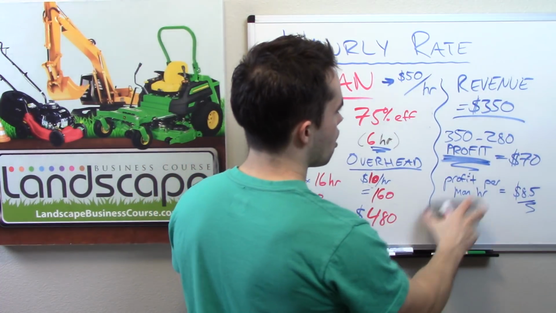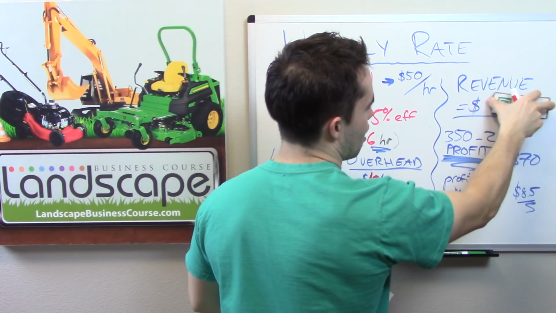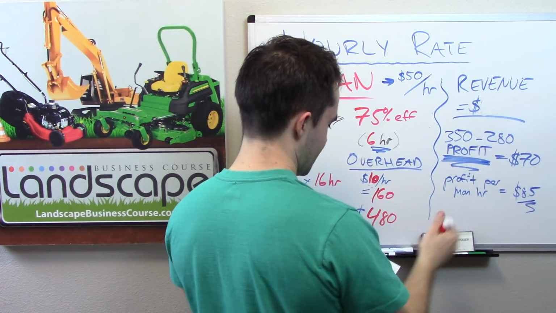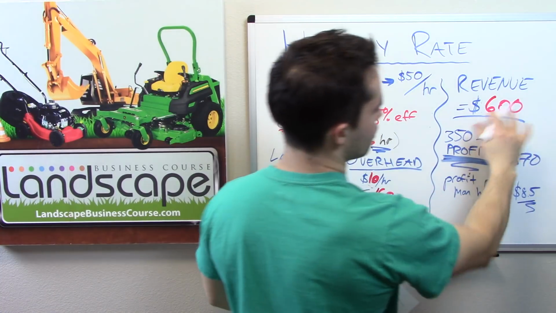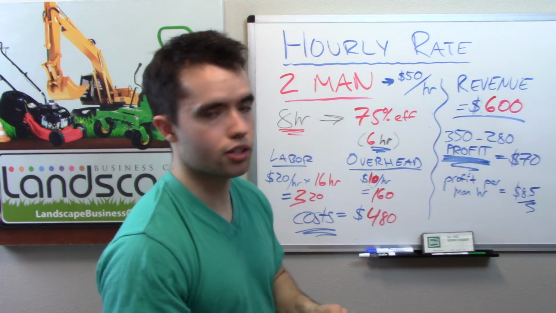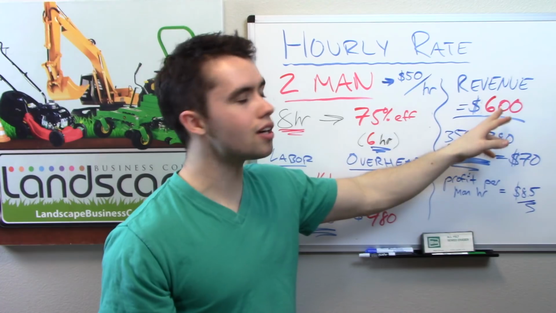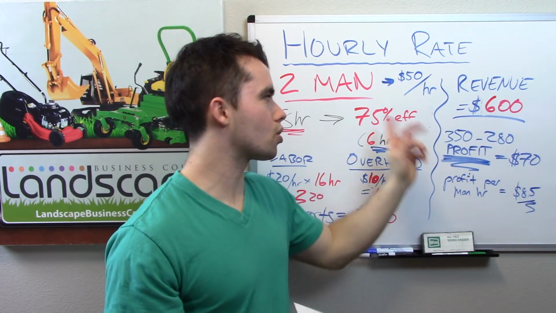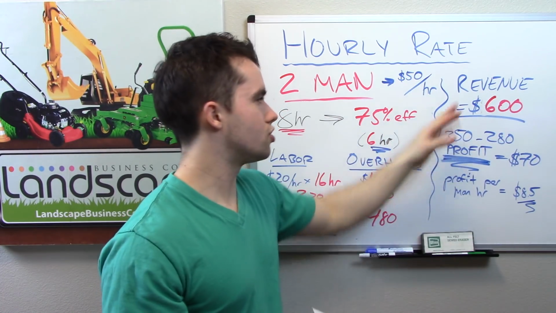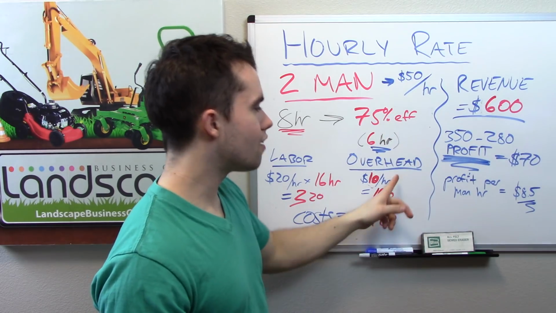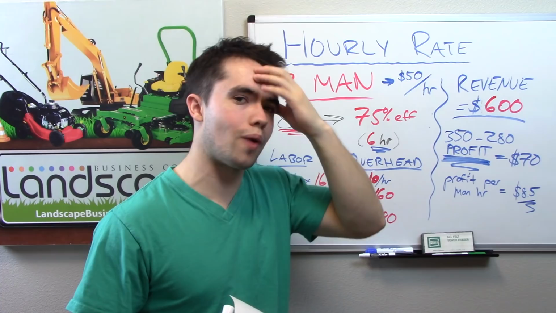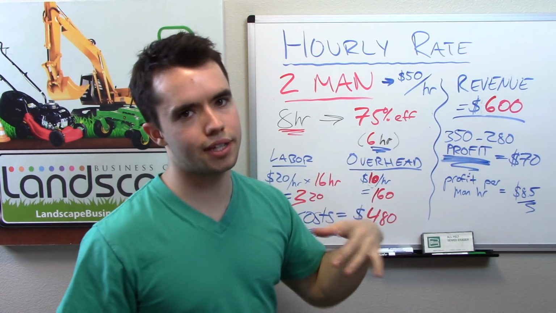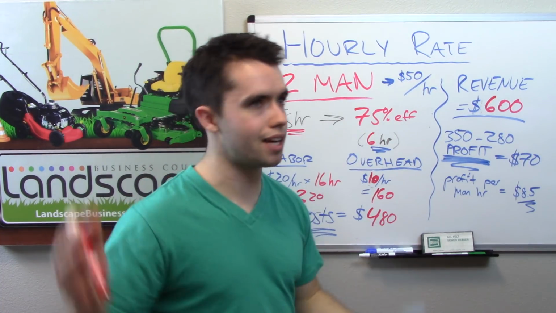And so you're going to come out with a revenue now with the 2-man crew of $600. You'll notice before the revenue was $350 with 1-man crew. Now it's not $700. It's not double because remember, we're not as efficient with 2-man crew. So that's the breakdown here. Efficiency versus the cost of less overhead is the balance that you gotta weigh out of whether or not you do 1-man or 2-man crews for mowing, or 3-man, etc.